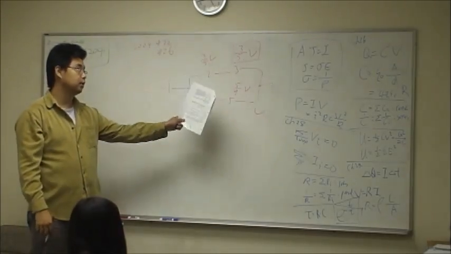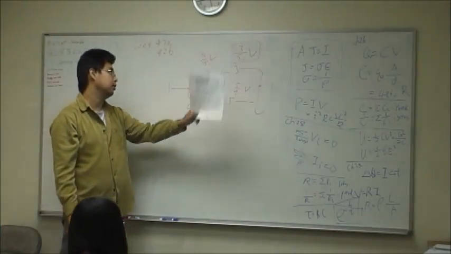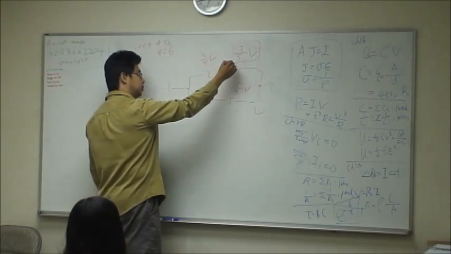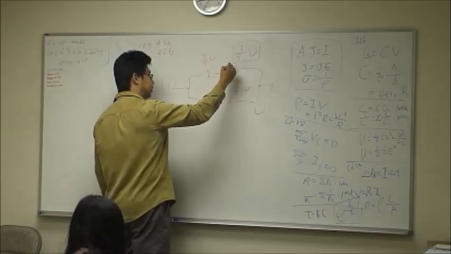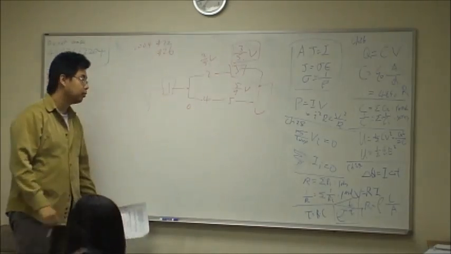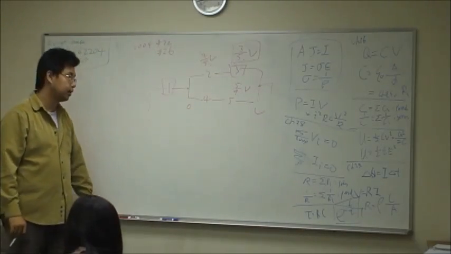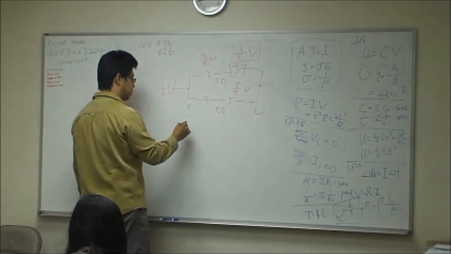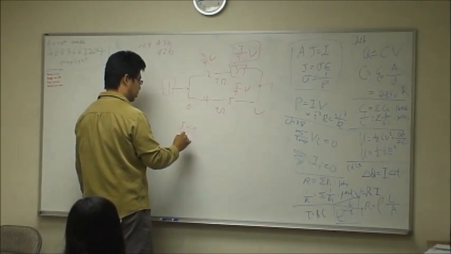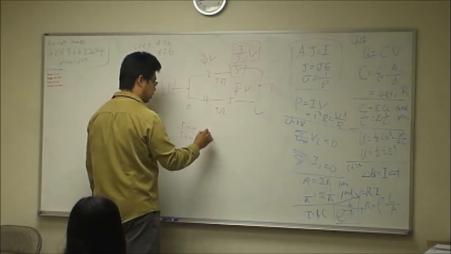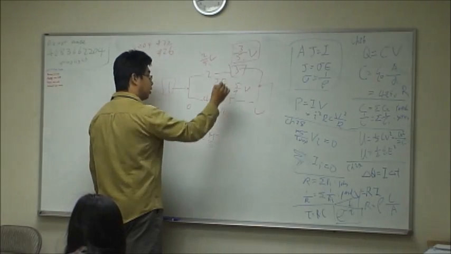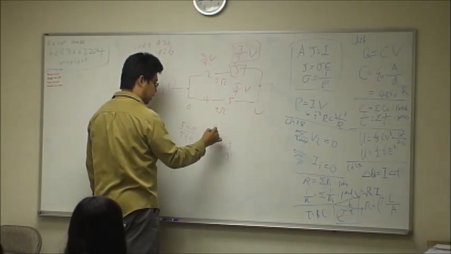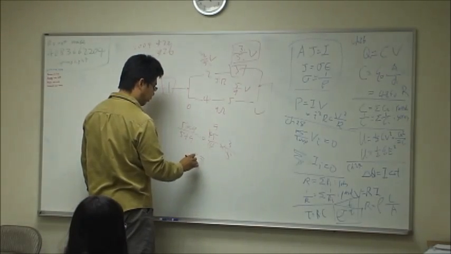I don't know how to do the comparison. For me, I can easily calculate this one is larger. Okay, next question. This one and this one, which one is larger? In this case, we need to really calculate everything, okay? So what we have is 5 ohm, 9 ohm. So multiply on the top, plus on the bottom, equal to 45 over 14. This one is 3/5. So this is 27 over 14.